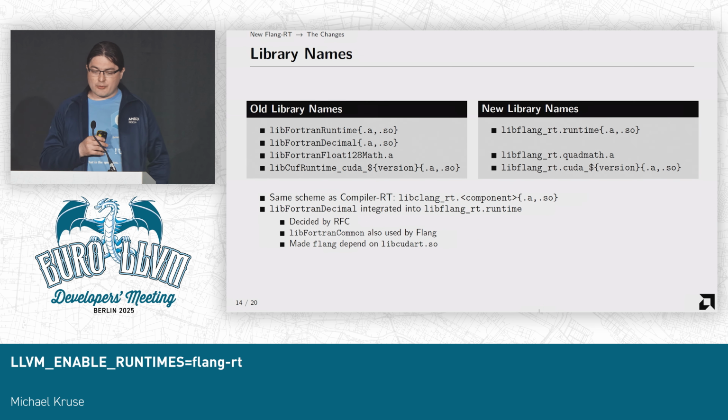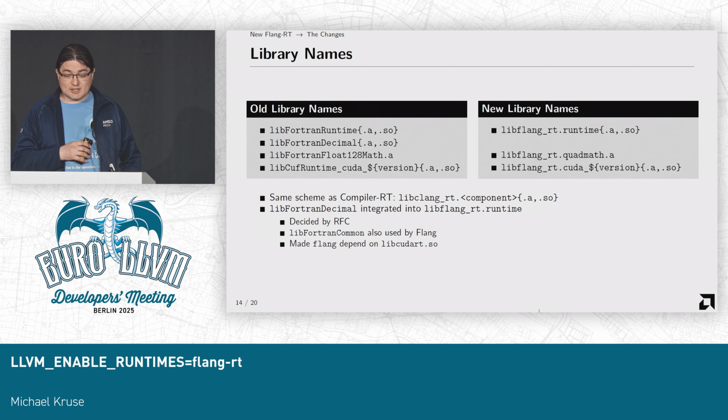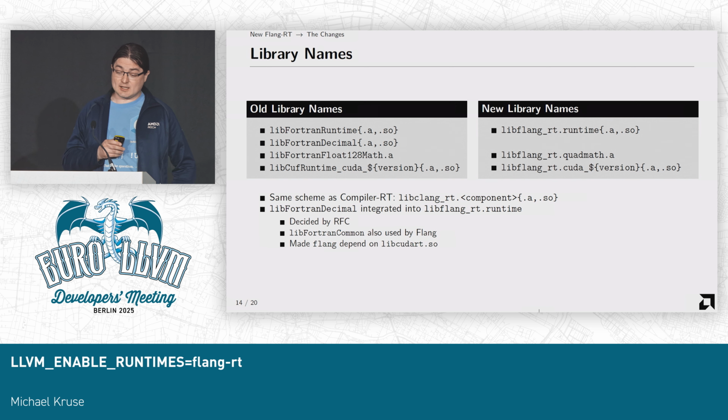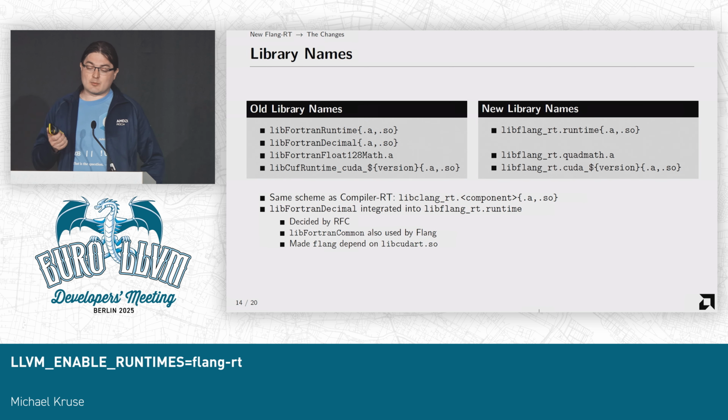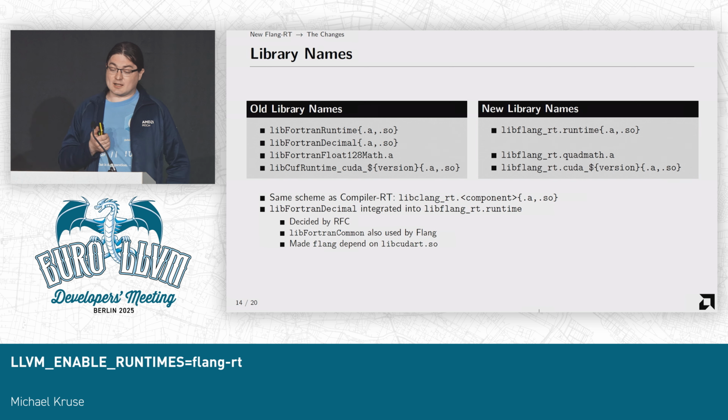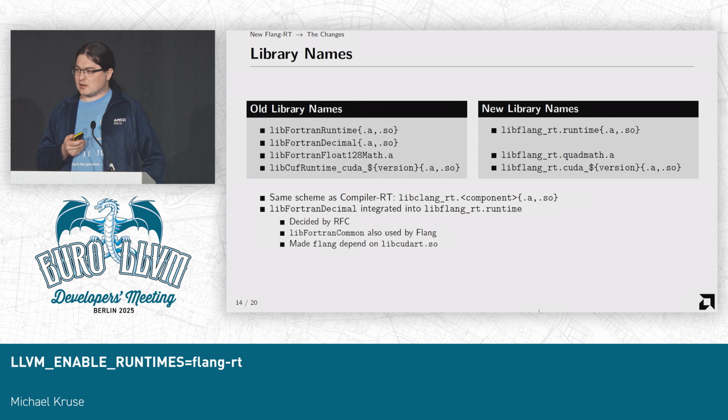One of the first things we agreed on in an RFC is to rename the libraries. On the left, you see the previous names, and we renamed them to new names, which follow the convention used for compiler-rt. Compiler-rt libraries are called libclang-rt.component. You may notice there's no decimal anymore.